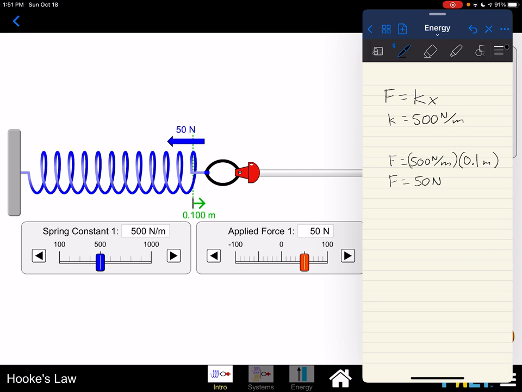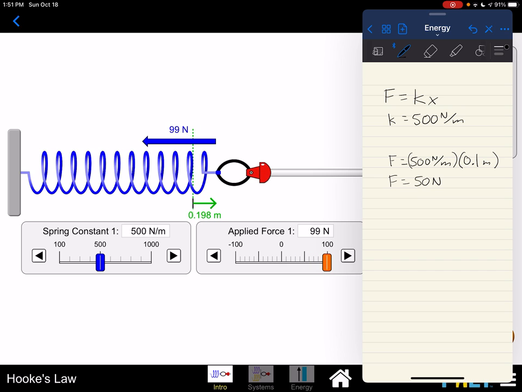Now let's think about what happens if we double the displacement. So let's say we want to pull with 100 newtons of force. If we think about how far it's stretched, it's stretched a distance of 0.2 meters.